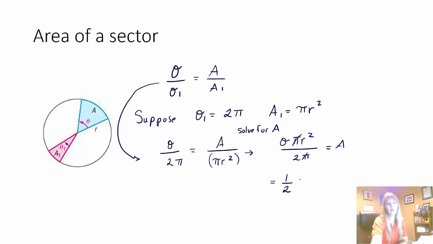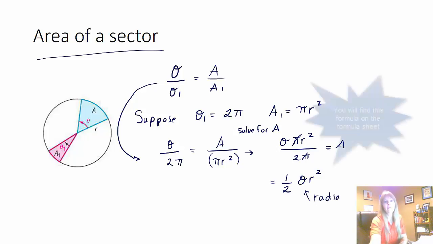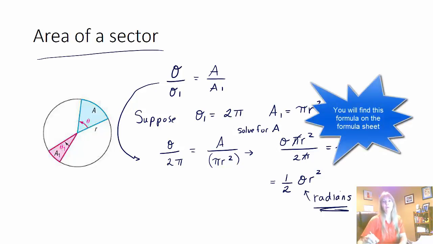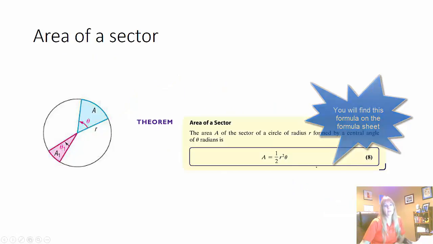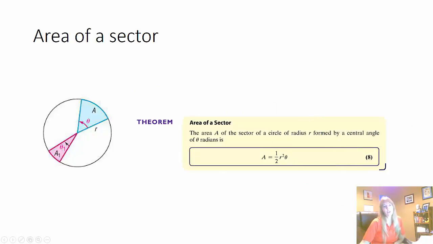And then what's left over is theta r squared. This is the formula for the area of a sector. Once again, my theta, my angle, has to be measured in radians. So the 1/2, I just switched around, r squared theta. I have to remember that my angle has to be measured in radians.